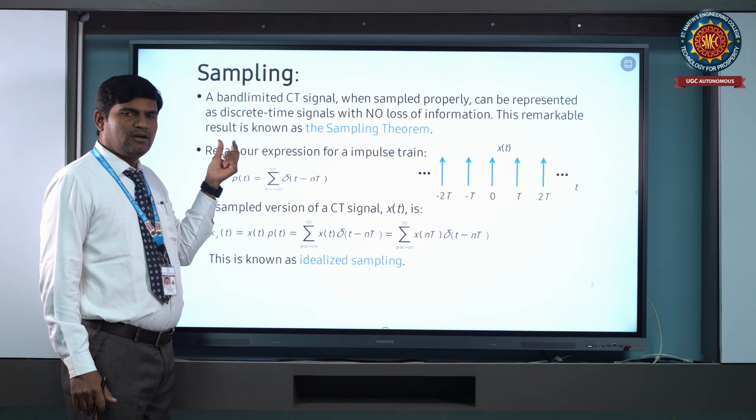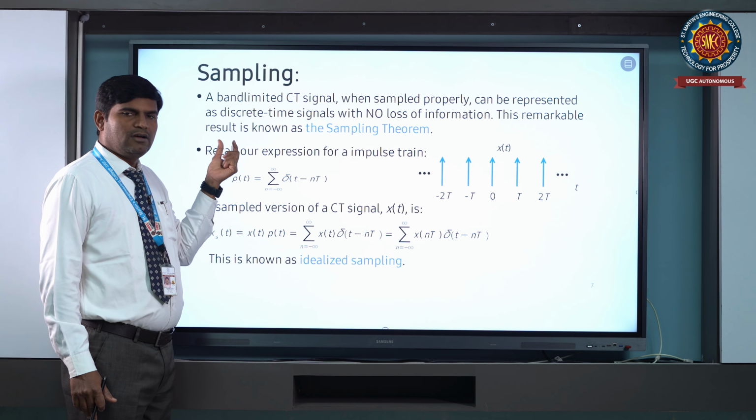Now, the sampled version of the continuous time signal can be represented mathematically as the product of the given signal with a train of impulses. If you multiply the input signal with a train of impulses, it will represent the impulses at discrete instances of time. So x of t into p of t can be represented as summation n equal to minus infinity to plus infinity x of t into del of t minus nT.